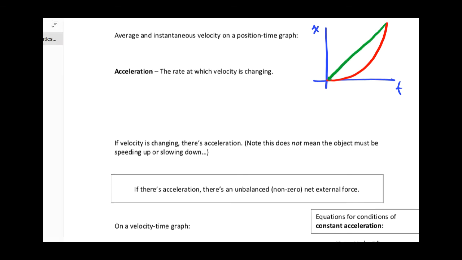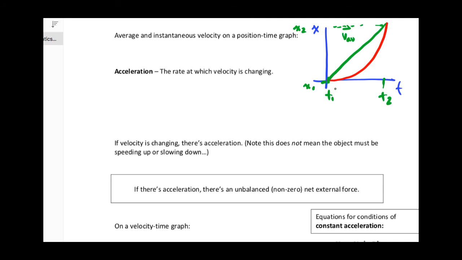If I draw a line from one part of the curve to the other, which we call the secant, then the slope of that line is the average velocity over that time interval. If this is time 1 and this is time 2, this is therefore position 1, and over here we have position 2, then I want to know x2 minus x1, that was my numerator, that becomes the rise of this line.